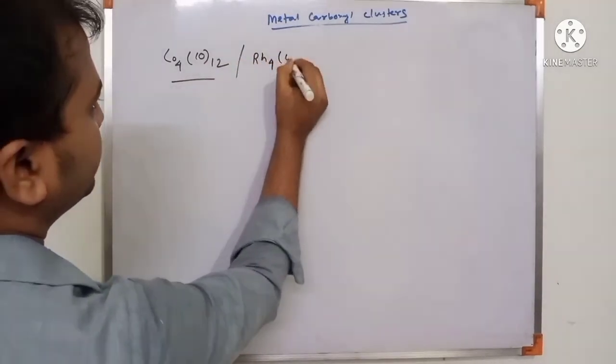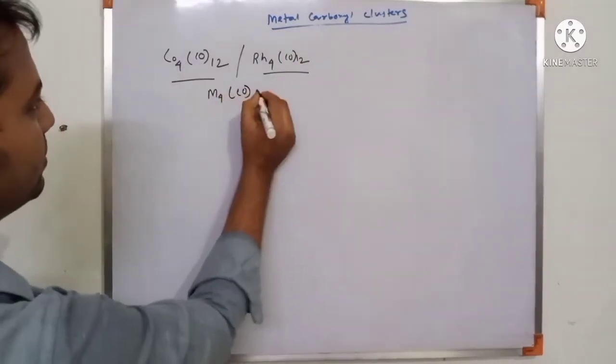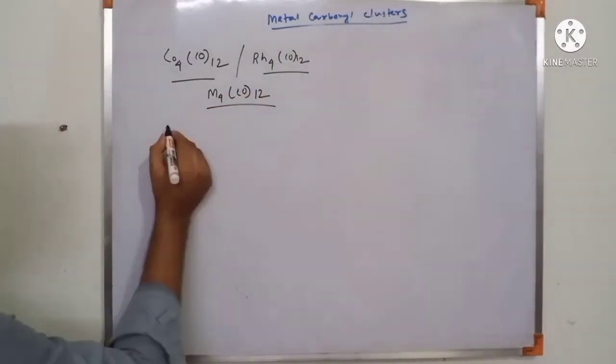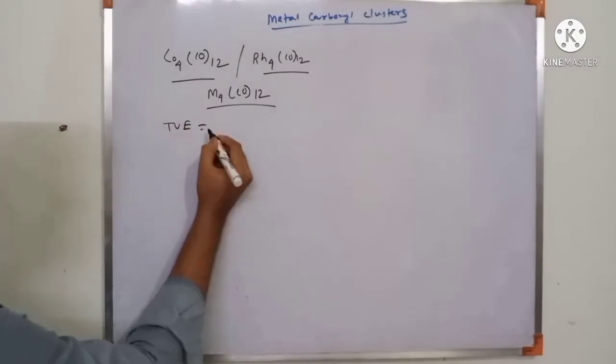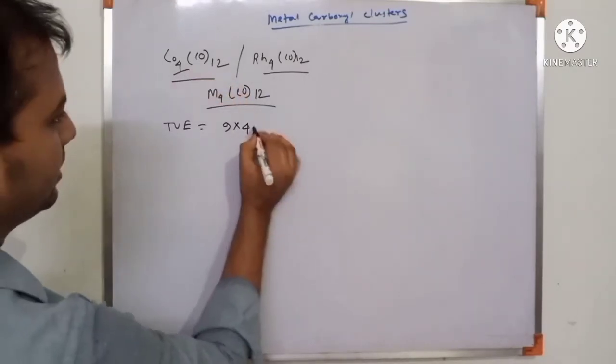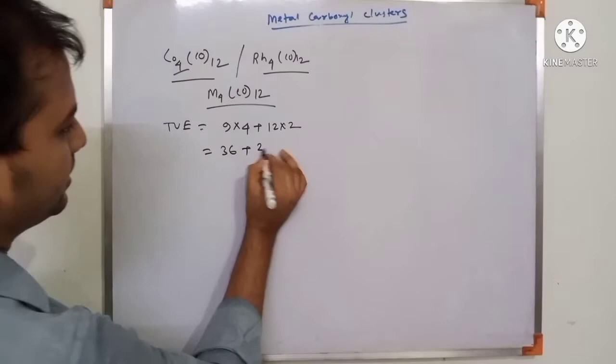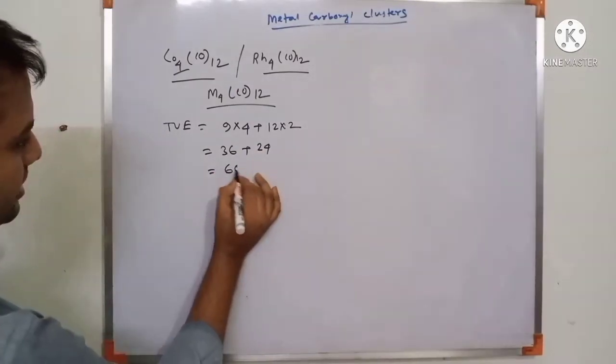Another example, in case of Co4(CO)12 or Rh4(CO)12, general M4(CO)12. Now first calculate the total valence electron, equal to cobalt 9 into 4 plus 12 into 2, equal to 36 plus 24, equal to 60.